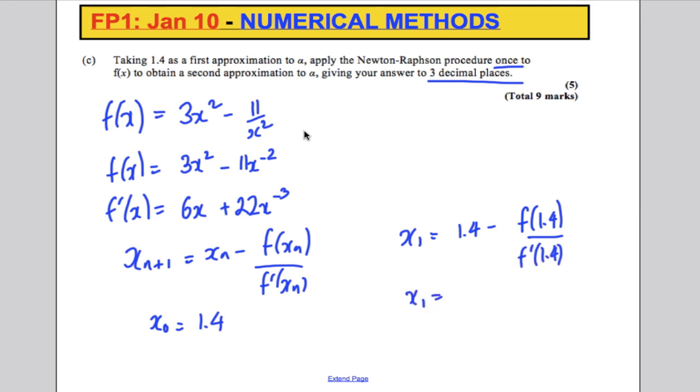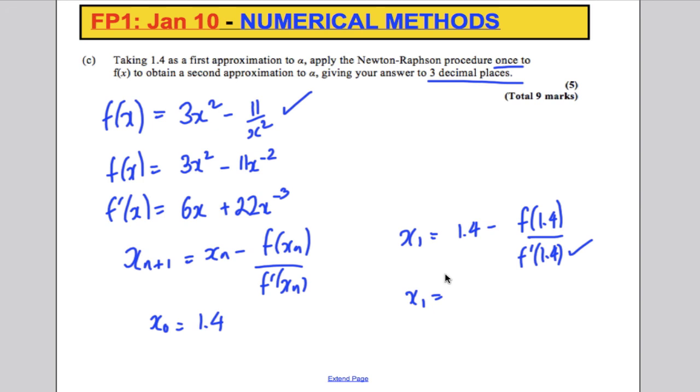Let's see if we can do it all in one go: 1.4, subtract f of 1.4, which would be 3 times 1.4 squared, subtract 11 over 1.4 squared, and then over f dash x, which would be 6 times 1.4 plus 22 over 1.4 cubed.